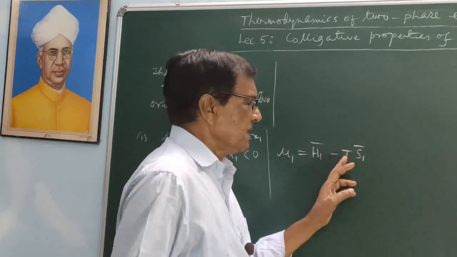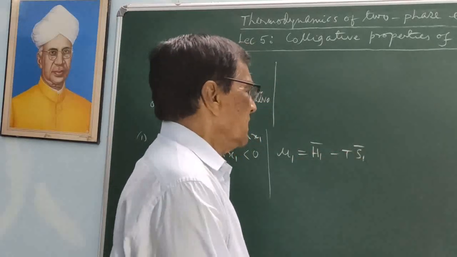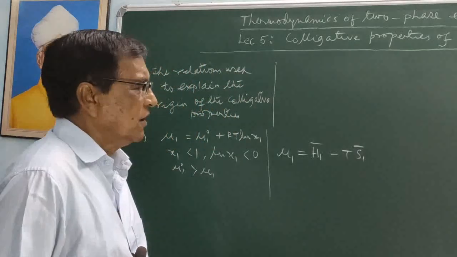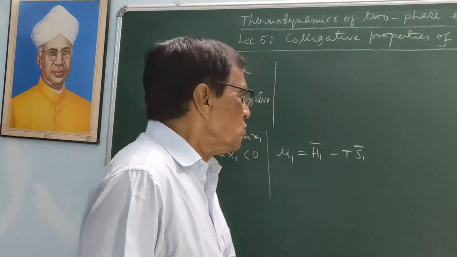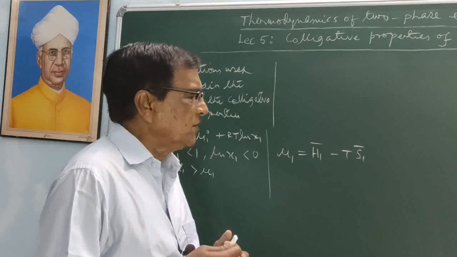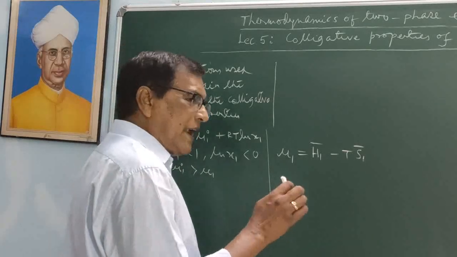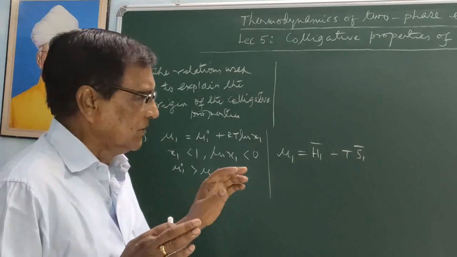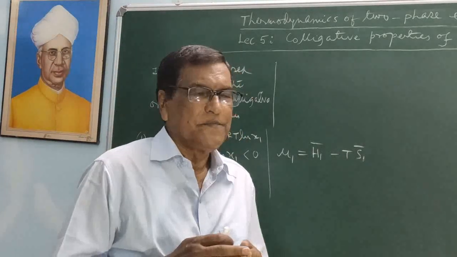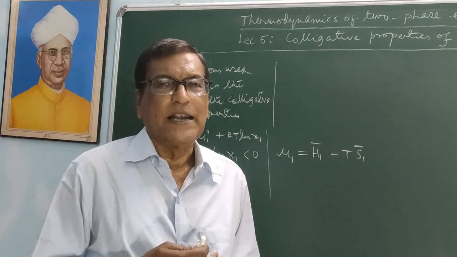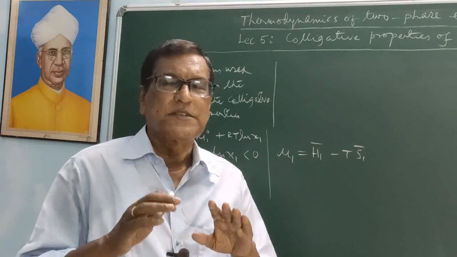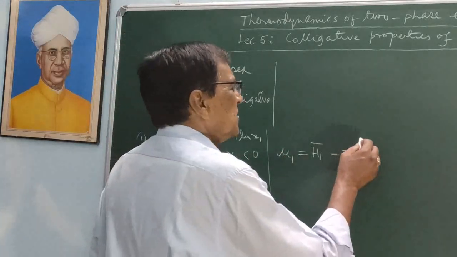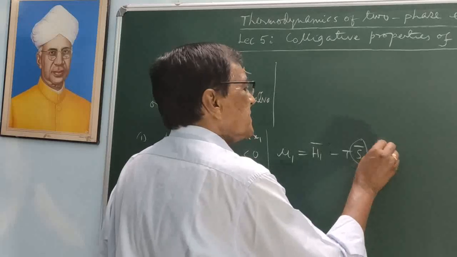This is the temperature, and this one is the partial molar entropy of the solvent in solution. Whenever the solute is added to the solvent, the randomness of the solvent is increased, and we know that entropy is a measure of this randomness. Randomness is increased means entropy is increased, so this term will increase.